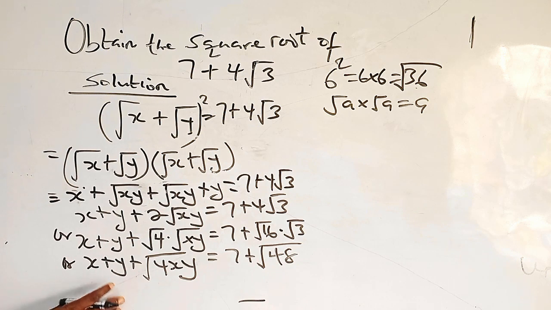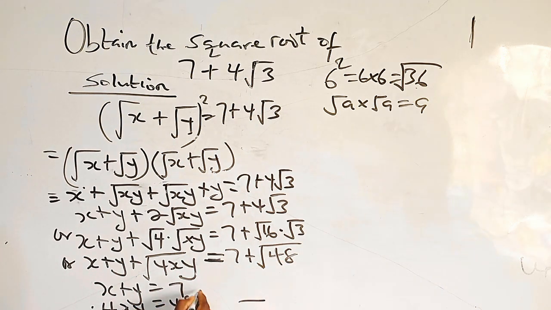I can compare the rational parts and the surd parts, because that is the condition for surdic quantities to be equal. So the equality sign tells me that x plus y equals 7, and 4xy equals 48. This is my equation 1 and equation 2.